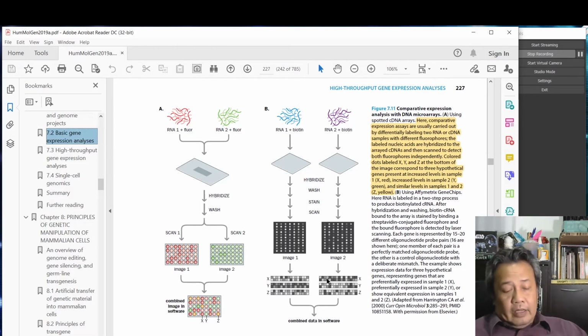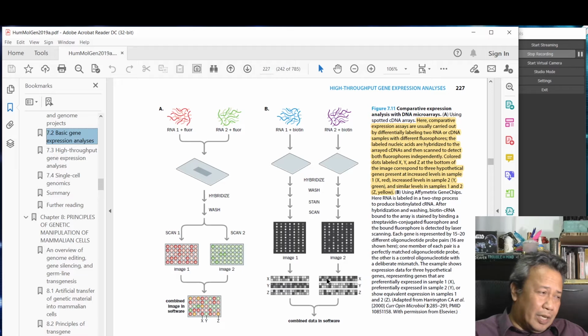If it doesn't hybridize, then you wash it out. What's left are DNA or RNA that hybridize, what is expressed, and they are colored in red. Then you wash this off and repeat the same procedure, hybridization with the one in green.